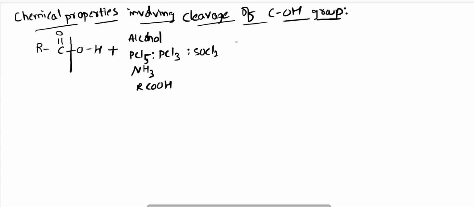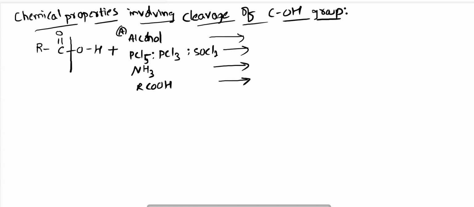In all these things we have different types of products, but whatever the type of product, the logic is breaking the bond between C and OH only. Let's see each and everything.